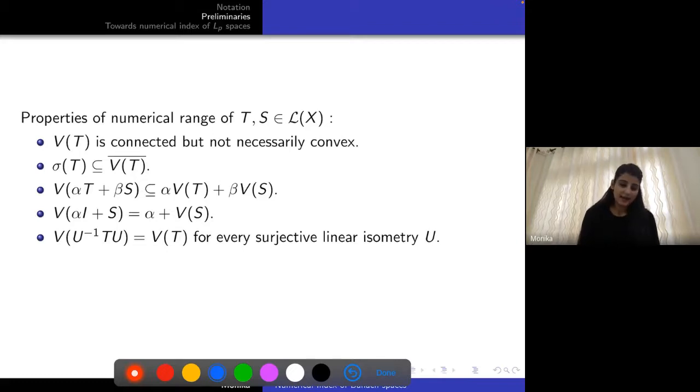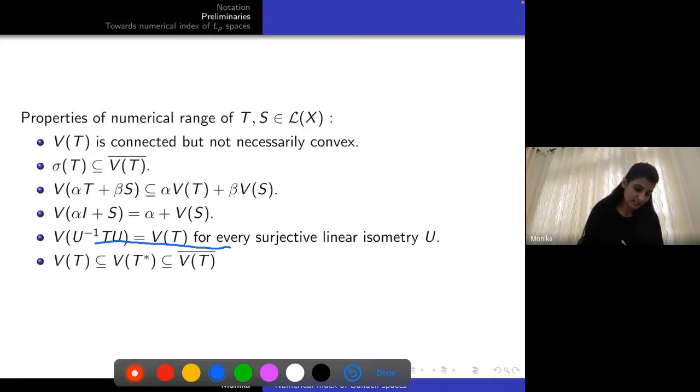And the numerical range of T is contained inside the numerical range of T star, which is contained inside the closure of the numerical range of T. And this is an important property.